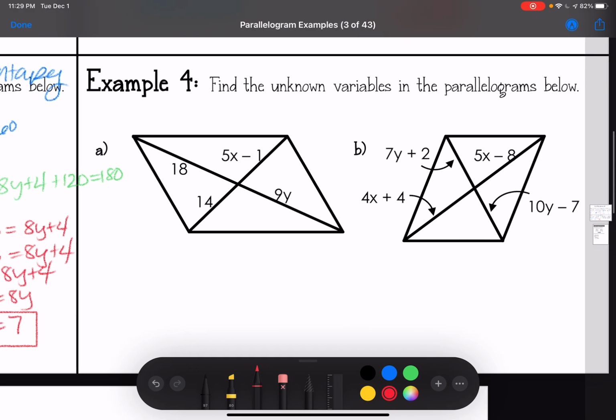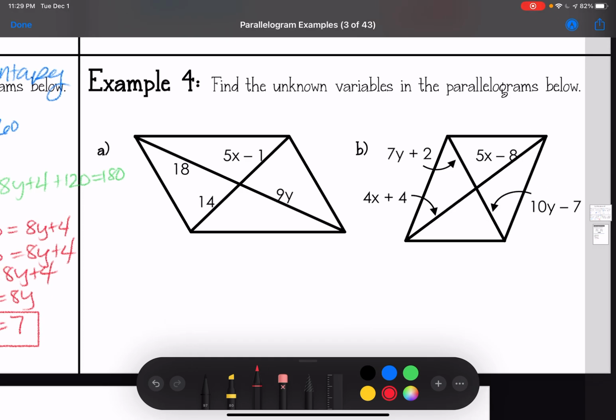All right, in our last set of examples, these are going to be using the theorem that the diagonals are bisecting each other. And that means that 5x minus 1 is going to be congruent with the 14, and the 18 is congruent with the 9y.